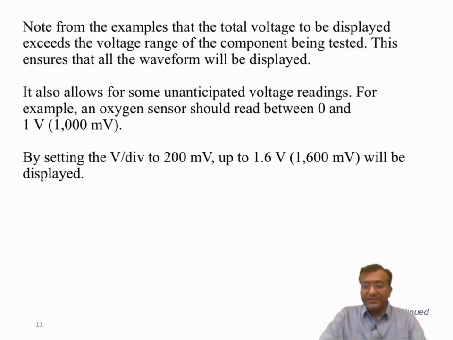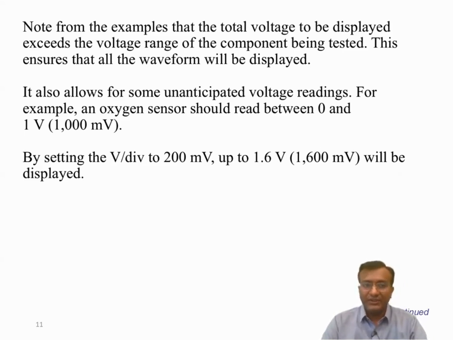Now, if you see the overall summary of today's session, we have seen the analog and digital storage oscilloscope. Firstly, we studied what is meant by an oscilloscope and how it is different from a multimeter. Our multimeter gives us instantaneous readings, but the oscilloscope gives us the reading with respect to time, which is very much necessary in checking some of the components in our automotive circuits, that is, the sensors.